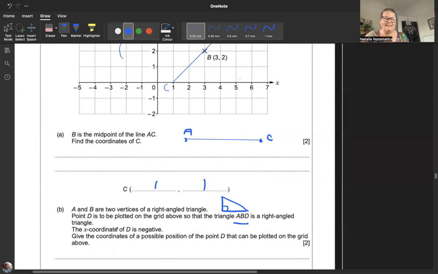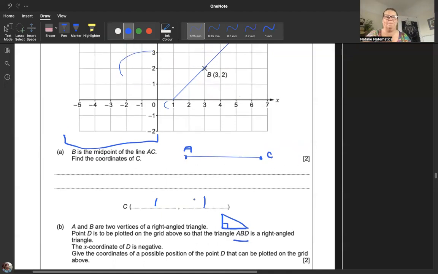The x-coordinate of D is negative. So that's the x-coordinate, the positive, but the negative, so it's going to be somewhere on this side. Give the coordinates of a possible position of point D.